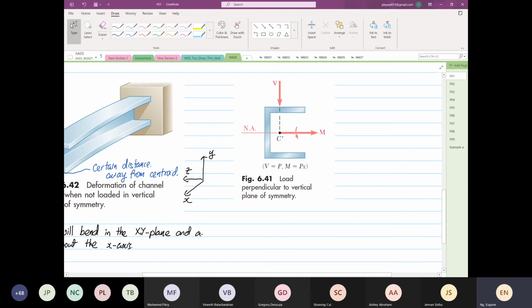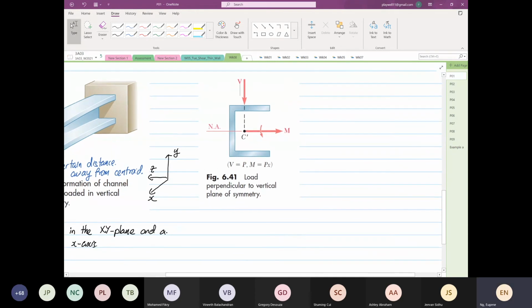Now, question for you guys: which part of this structure, viewed from this orientation?